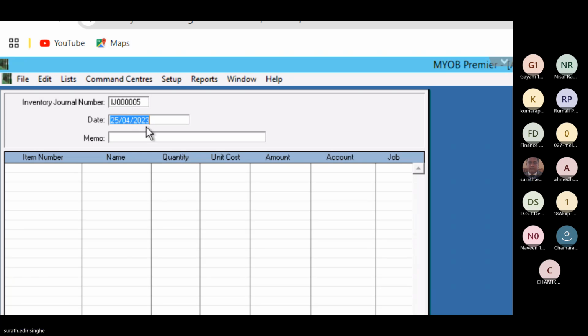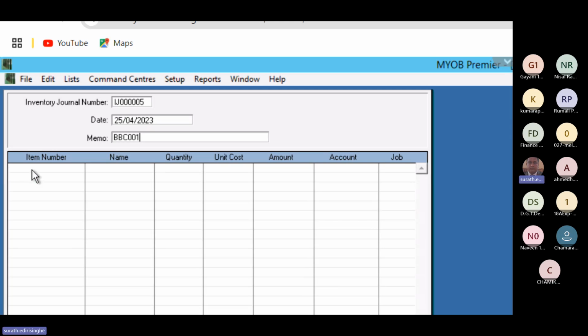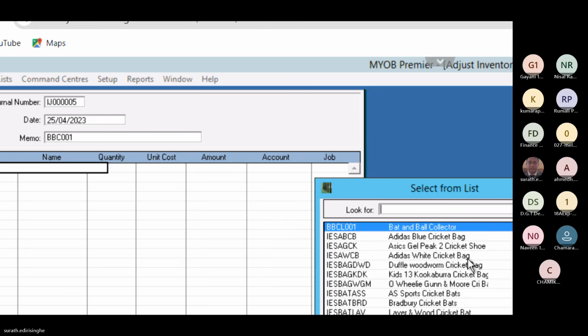IJ005 with the April 25th memo. Bat and ball collector 001. Item number, tab button.